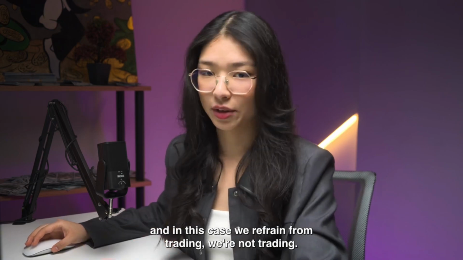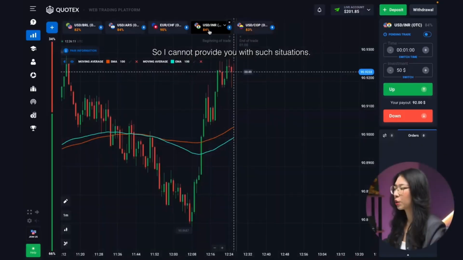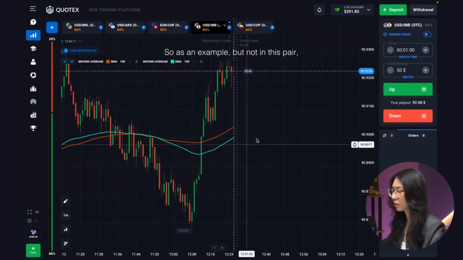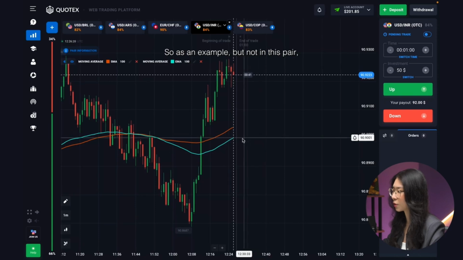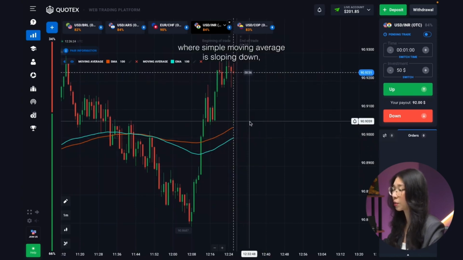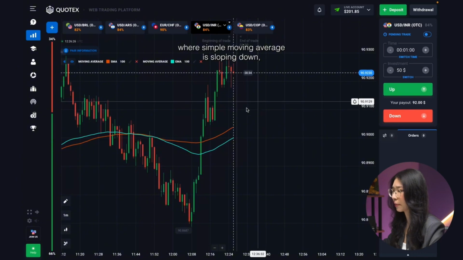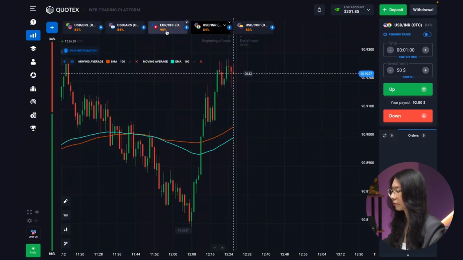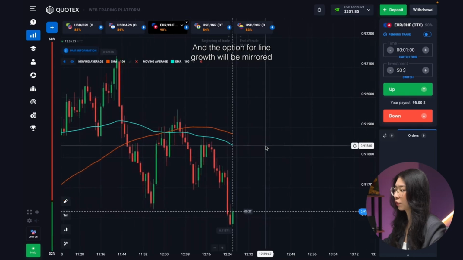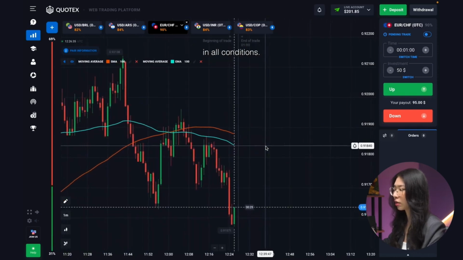We're not trading. So let's look at a situation where the simple moving average is sloping down, for example here, and the option for line growth will be mirrored in all conditions.